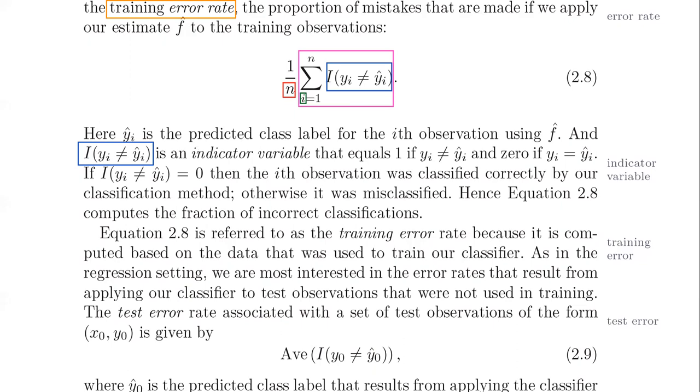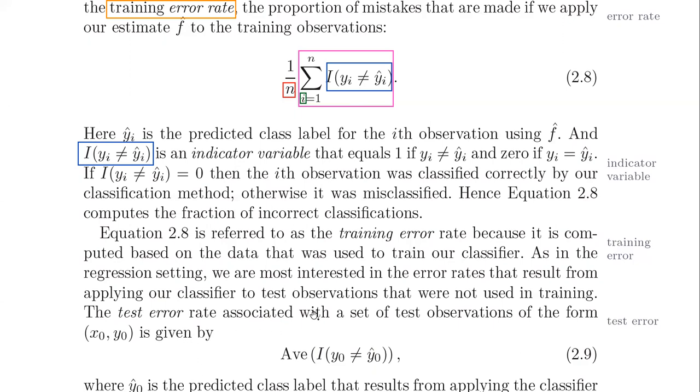As in the regression setting, we are most interested in the error rates that result from applying our classifier to test observations that were not used in training. The test error rate is exactly the same calculation, but it's going to use data that has not been inputted in the creation of the model.